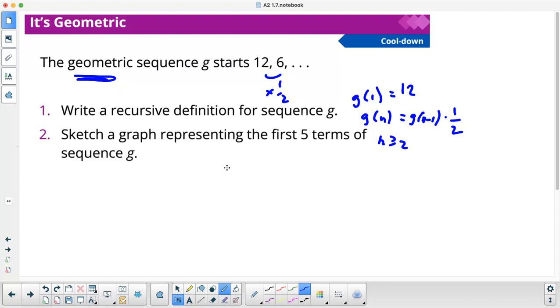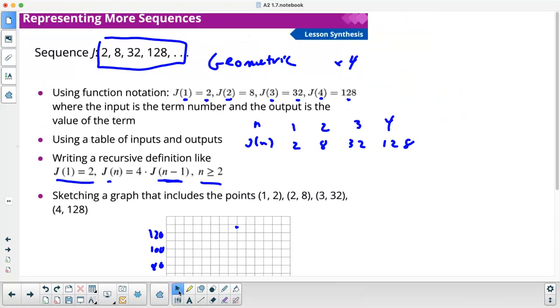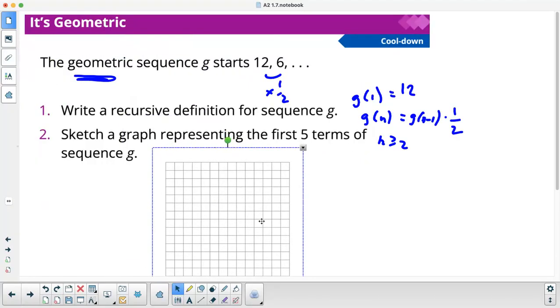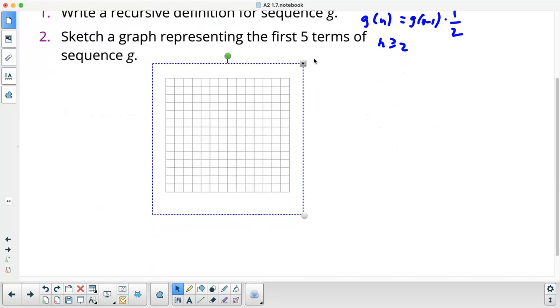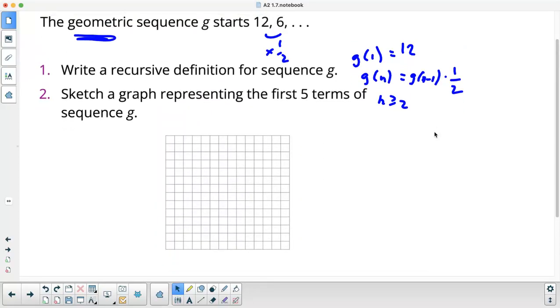All right, and then the last part, sketch a graph representing the first 5 terms of sequence G. You know what, let me go back here and copy this. I'll make it a little bit easier. So now I'm just going to plot those points. Actually, I guess I need to generate the terms.